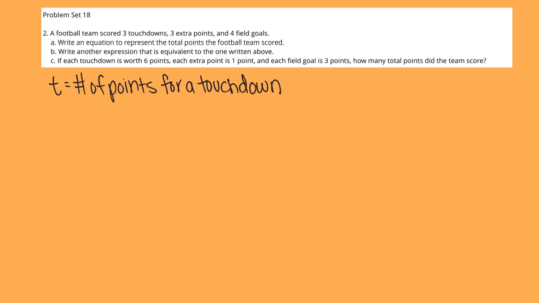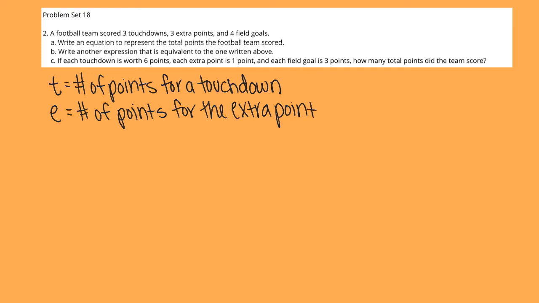We're going to have E equal the number of points for the extra point. And then we're going to have F equal the number of points for a field goal.